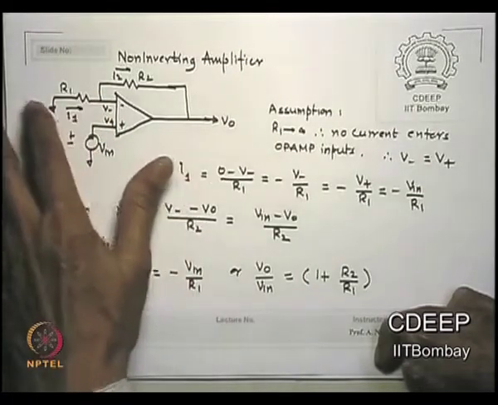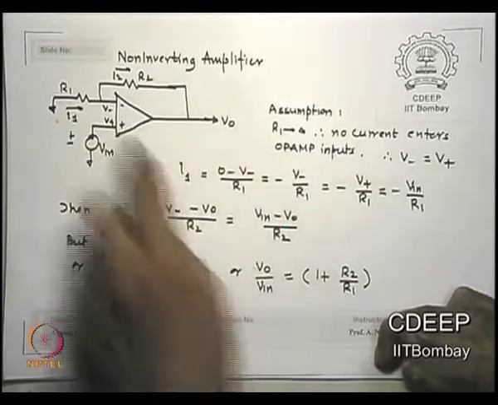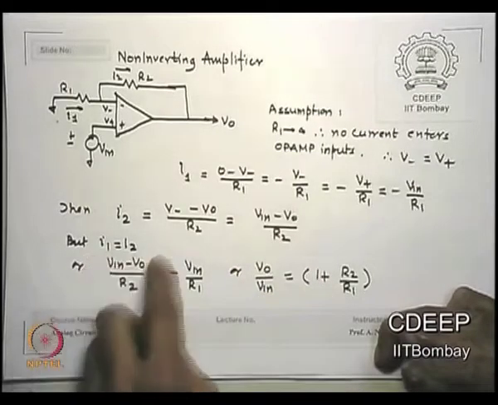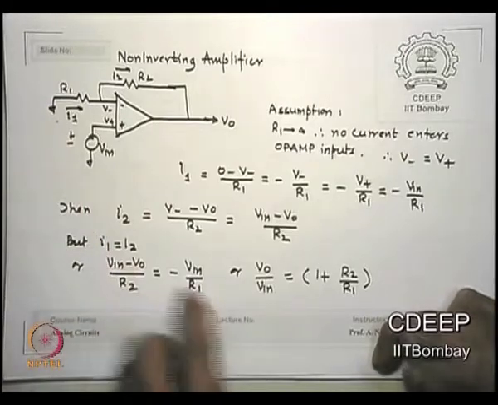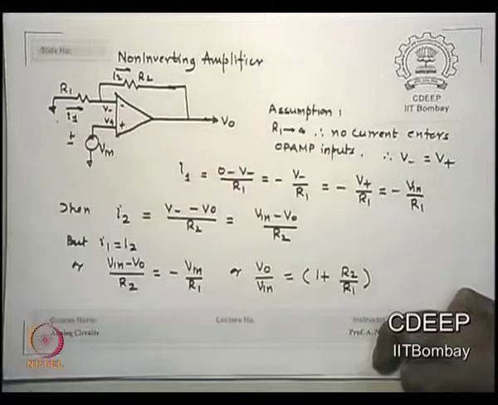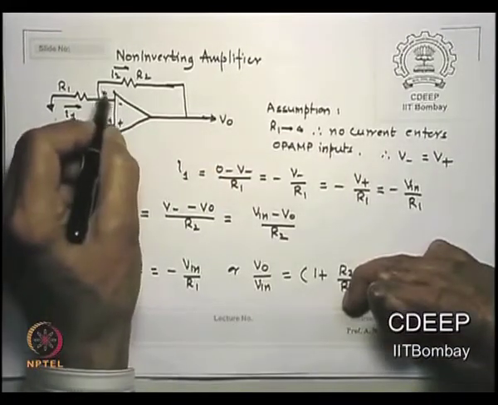Then I calculate current I1, I calculate current I2, so I2 is V in minus V0 by R2, I2 is equal to I1, so V in by R1, please remember this is V in. फिर से देखो ये V in है तो ये भी V in है.